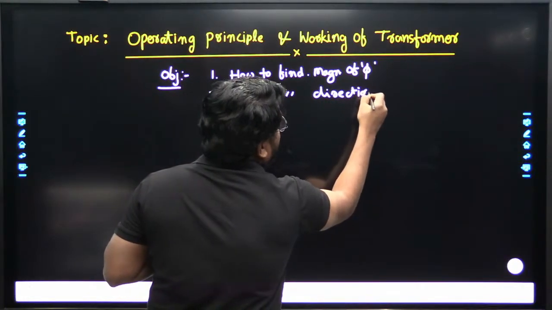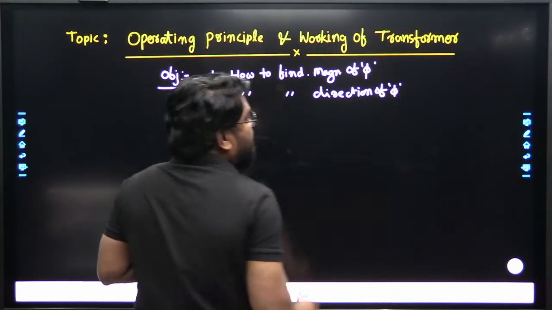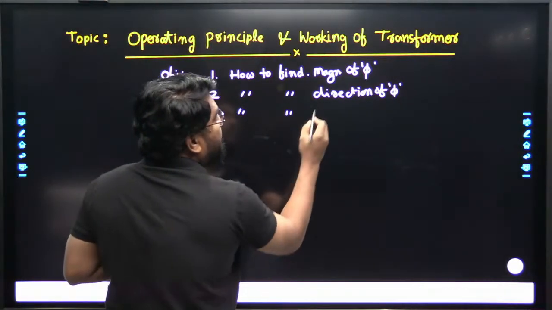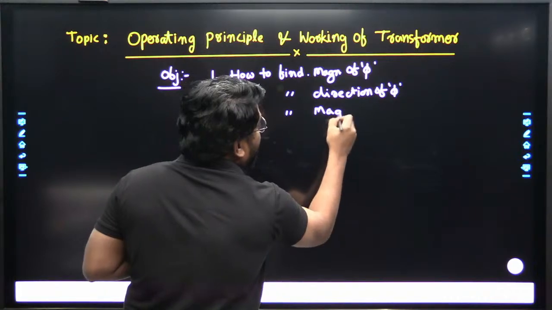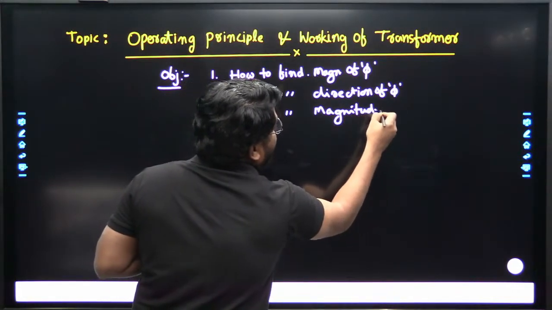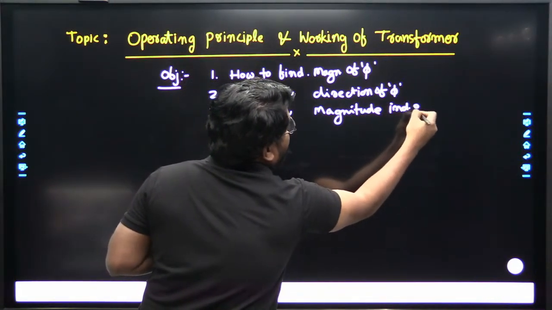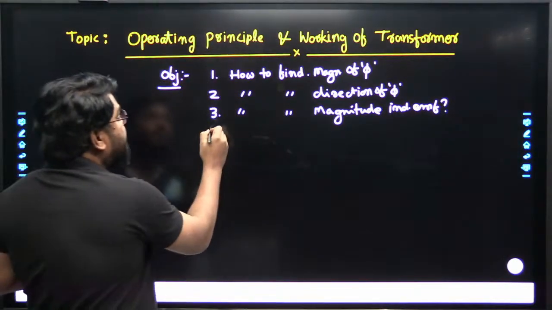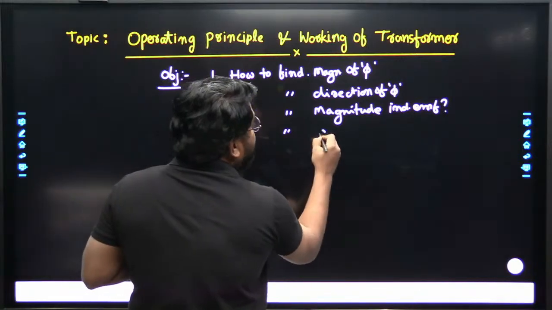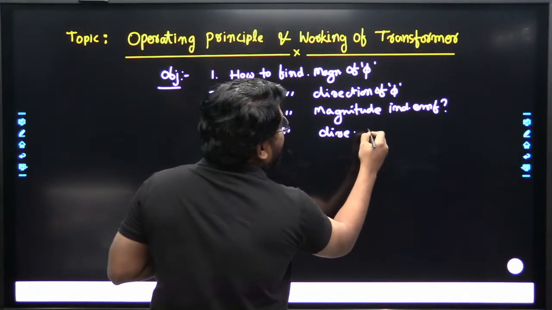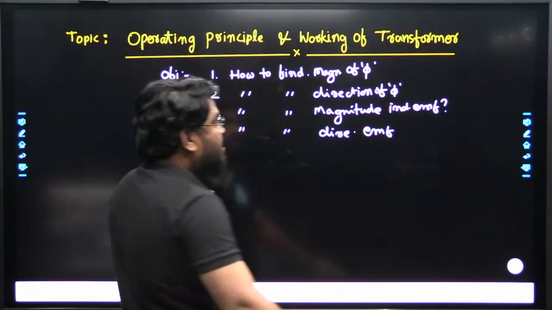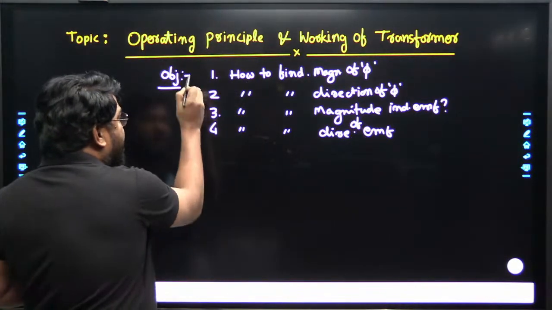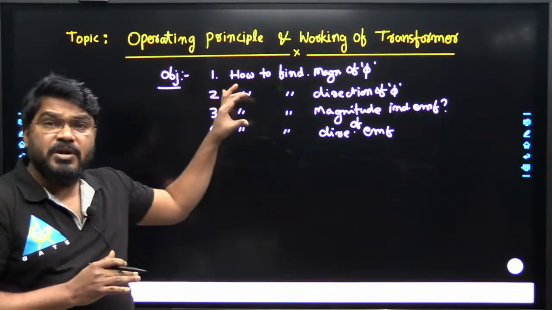This is also an objective of this topic. Third is how to find the magnitude of the induced EMF. And next, how do we find the direction of the induced EMF in the transformer winding. So these are all objectives, the possible questions.